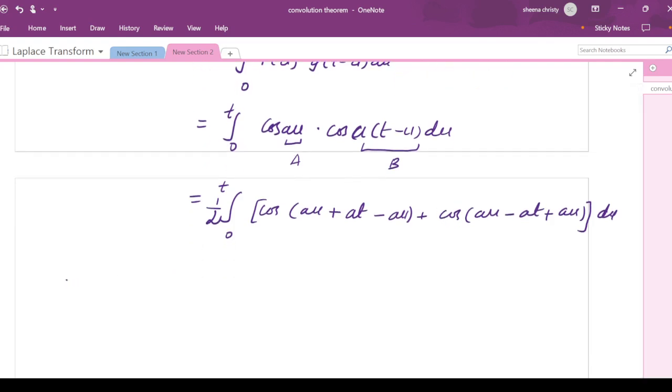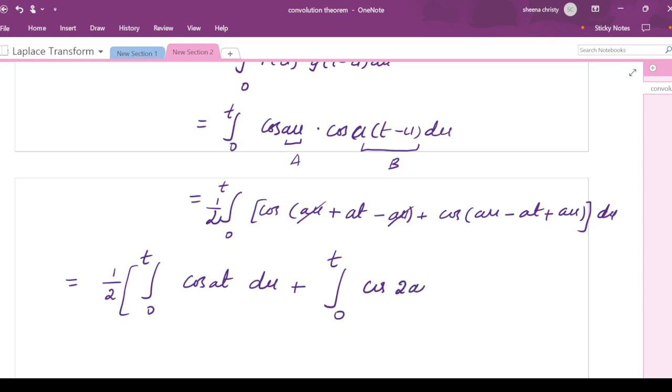So which is equal to 1 by 2 times integral 0 to t, au gets cancelled, cos at into du, I am splitting the integration, plus integral 0 to t cos of 2au minus at into du.